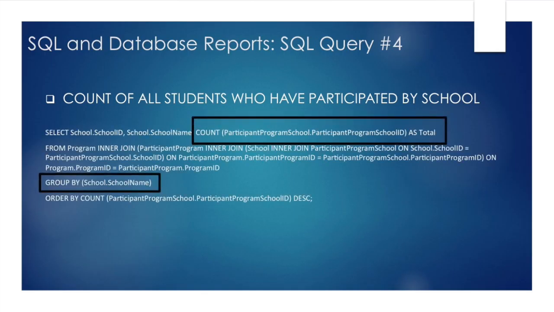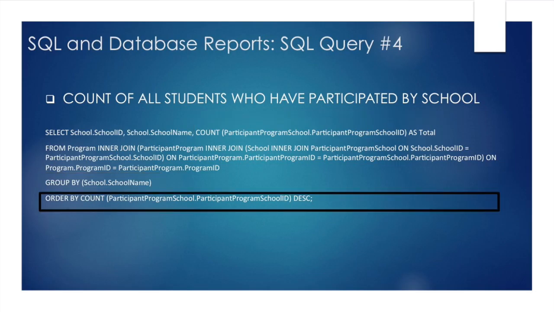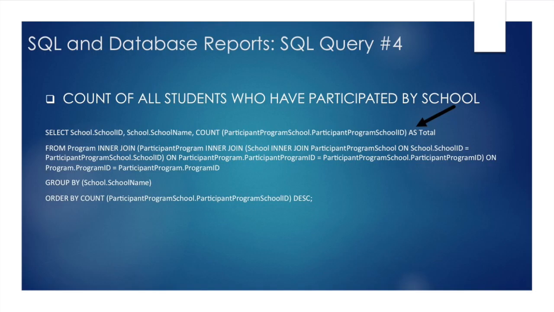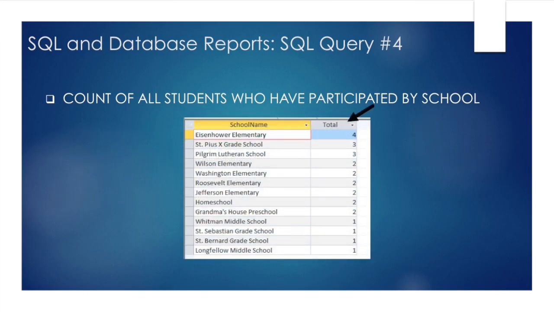The SQL statement includes a count operation that, when coupled with a group by clause, aggregates the data so you can get totals for each school. We can even order the list by the count from greatest to least. While we are at it, we also created an alias for the count column. We called it total. Running this query produces these results. Do you notice how our table label appears for the column that was counting school records?